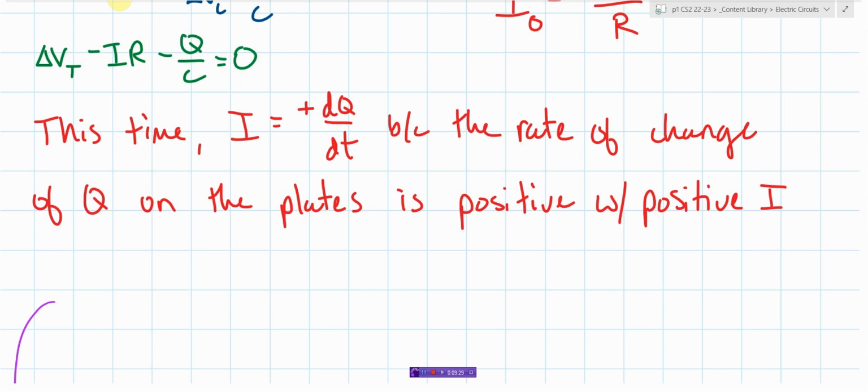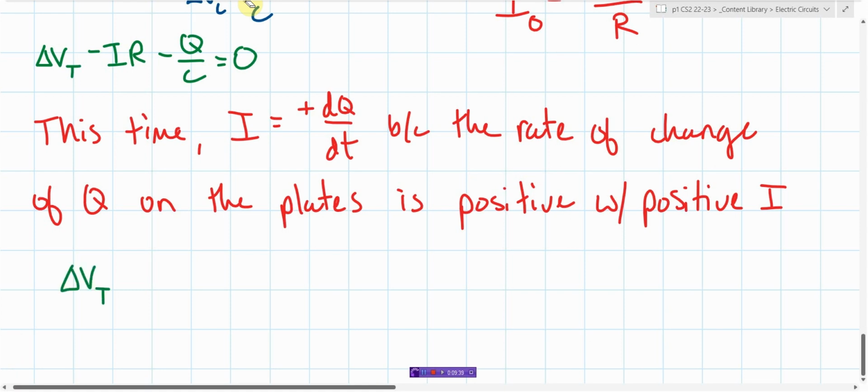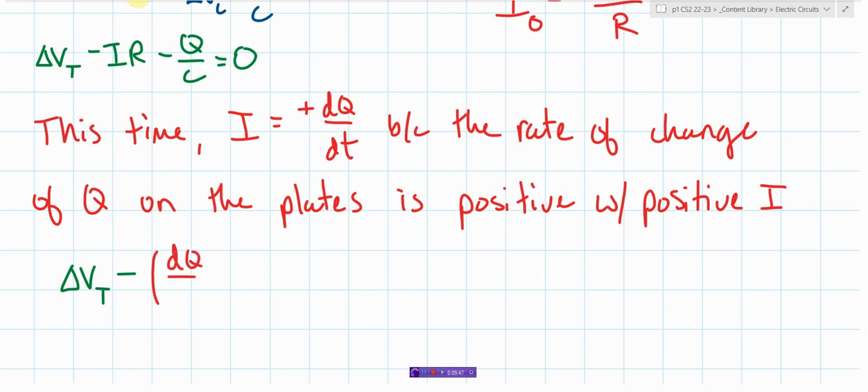Okay, so that means my little equation looks like, instead of I, I'm going to put dq dt. You might be thinking, hey, but there's a negative there.